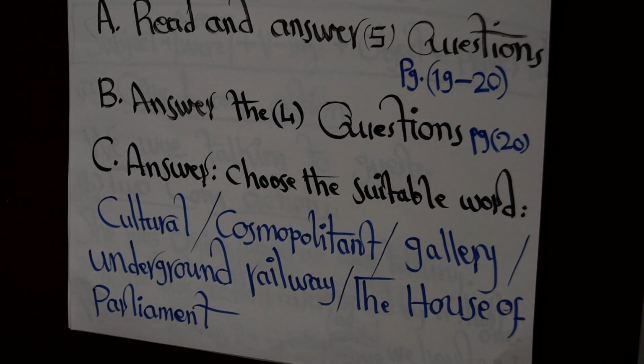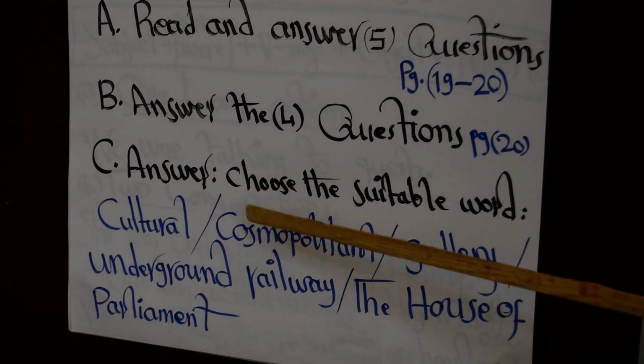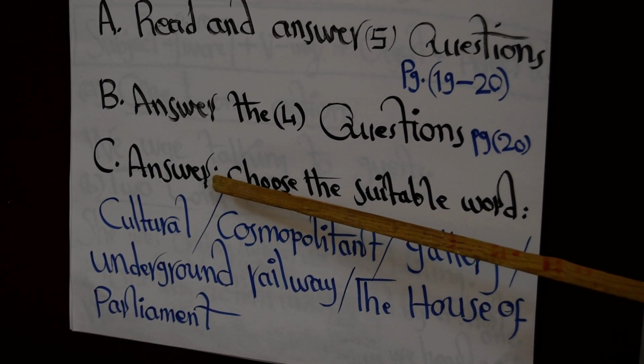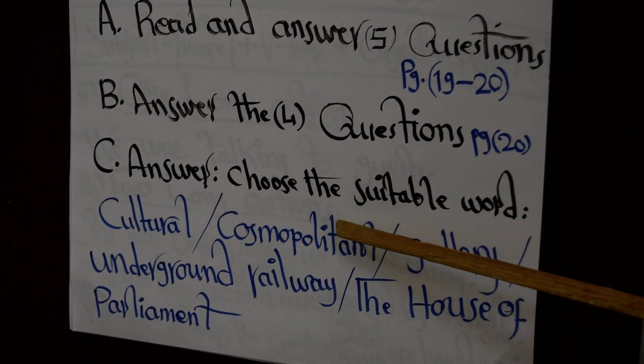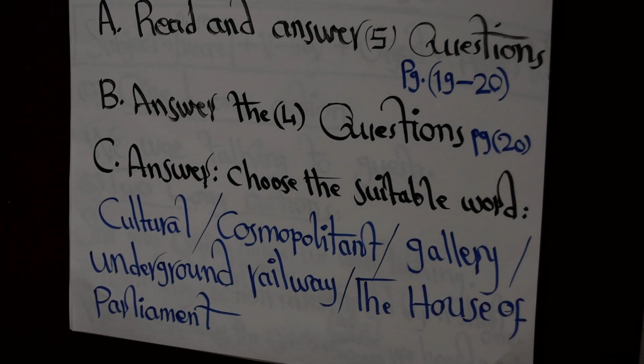But at the end of this lesson, let us go to exercise C. In this exercise C, as you see, the instruction is to choose the suitable word. There are 5 questions, of course, and they are not quite difficult, but I already answered them.